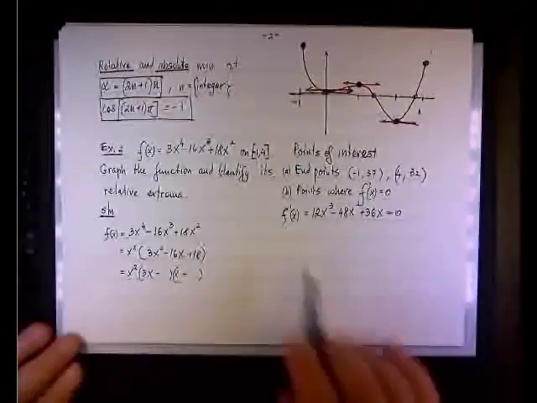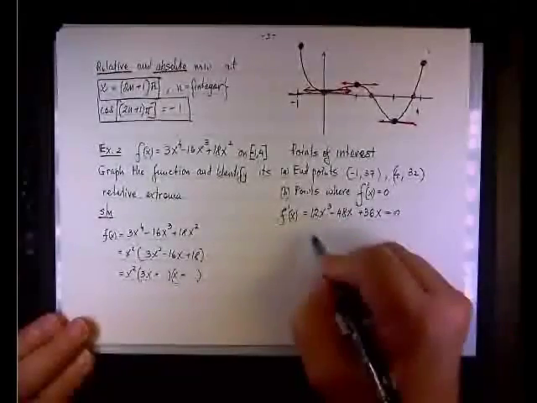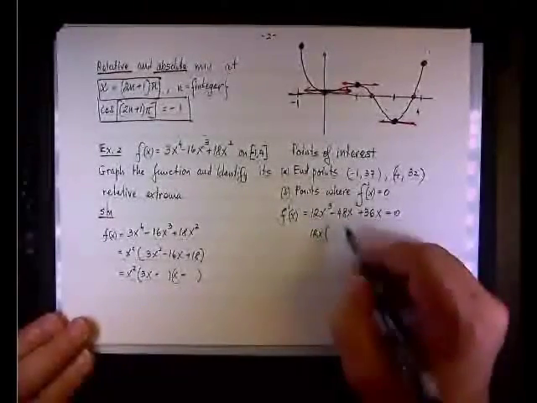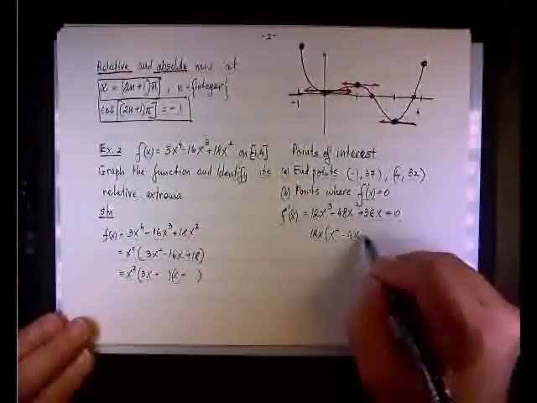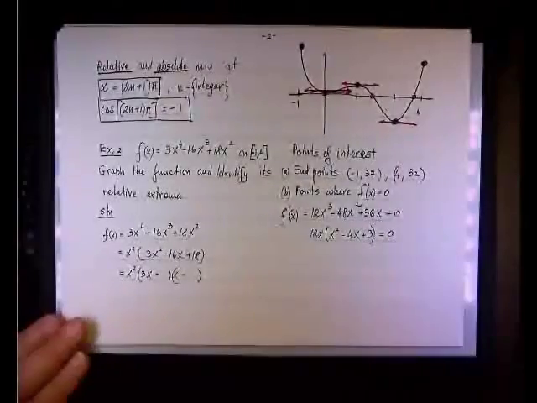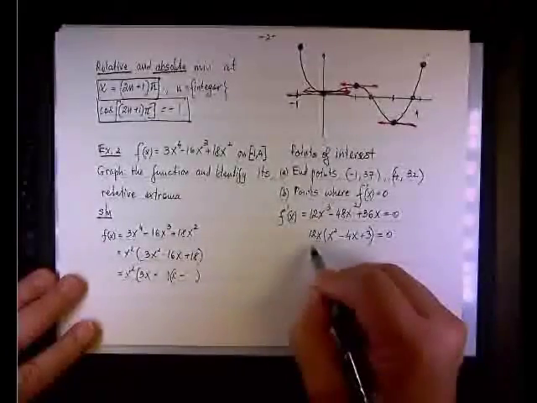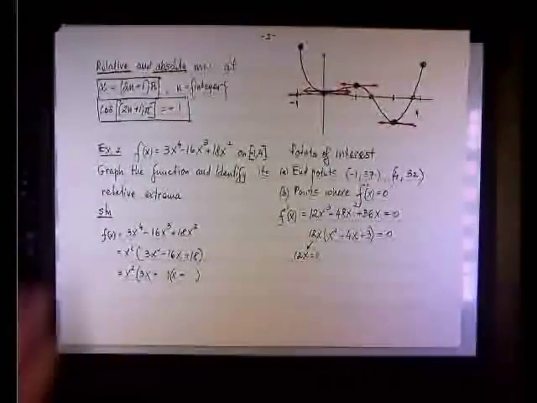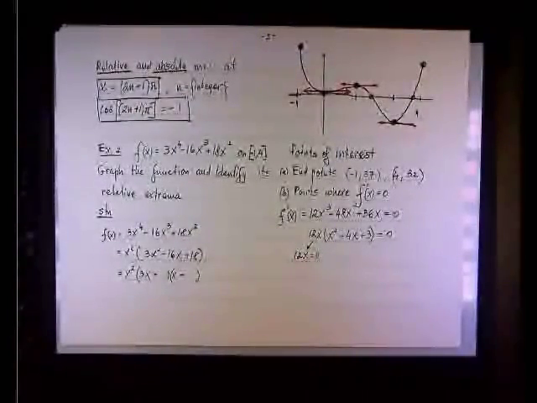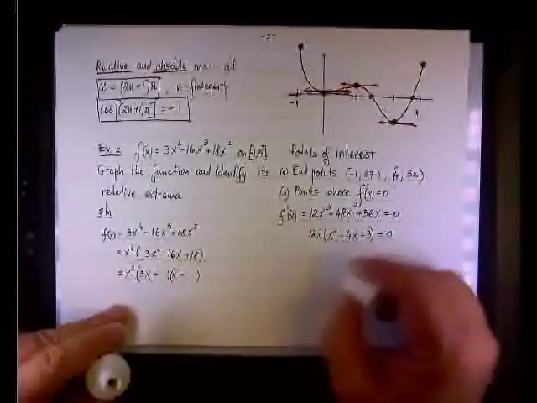And now I see that I have a common factor, and that will be 12x. So factor out 12x and get x squared minus 4x plus 3 equals 0. Okay? One point, which you know from here, is x equals 0. So we have either 12x equals 0, or we can factor this one. I jumped the gun here, because I need to write it as 12x times the product of two binomials.